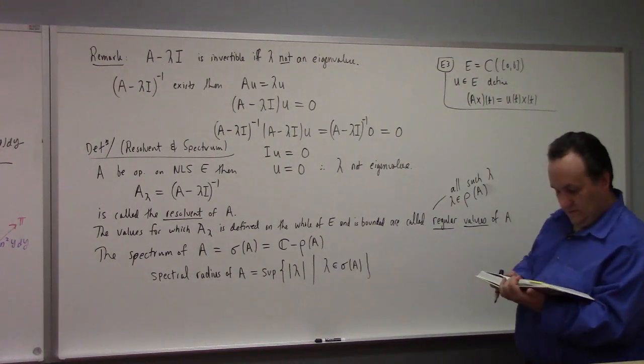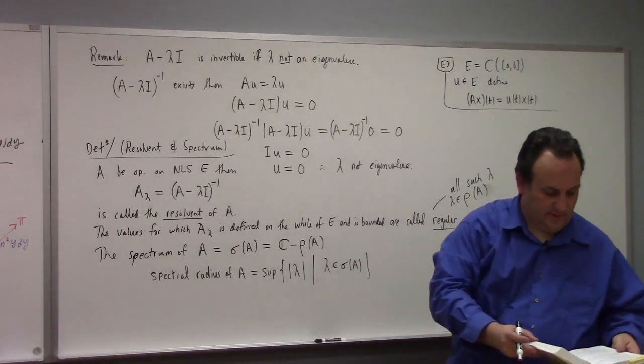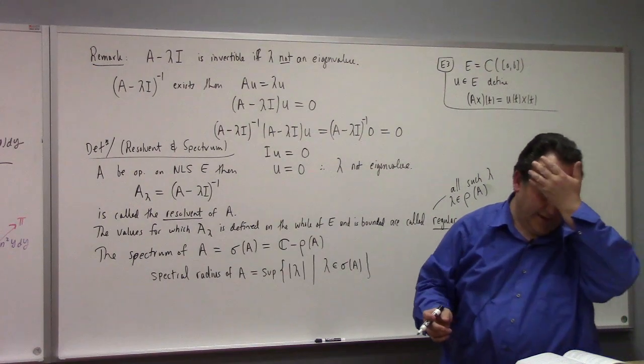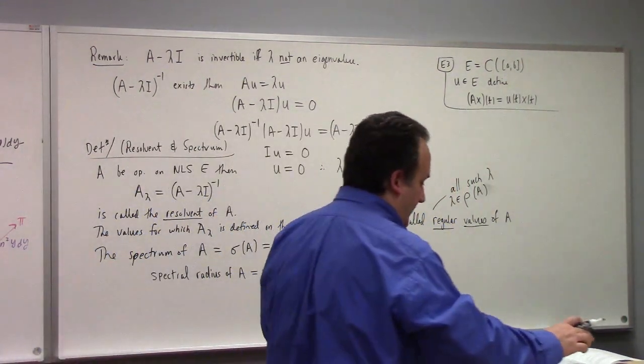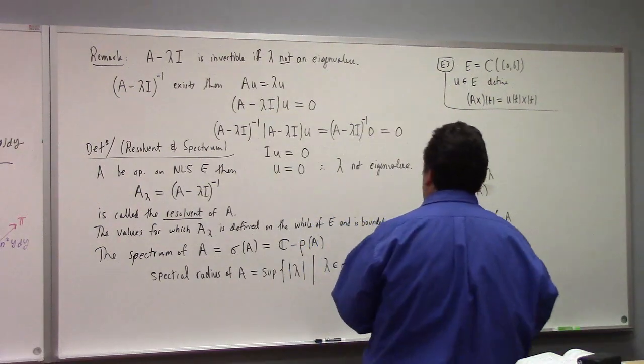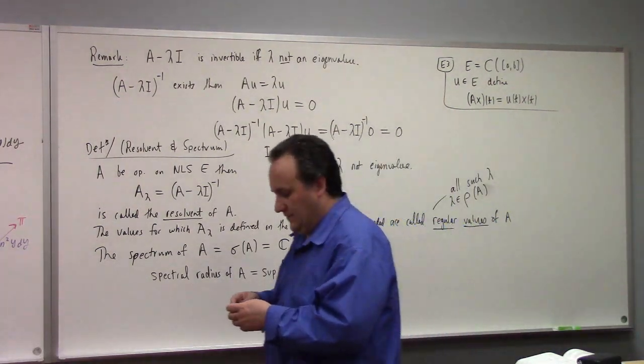Then we can ask the question, can we calculate the inverse of A minus lambda I for this function? He just rattles off a formula for it, which means we can take a minute to derive it. Let's do it.